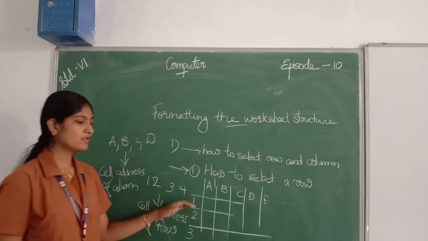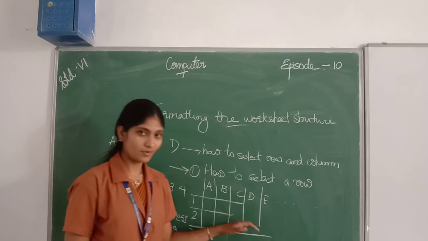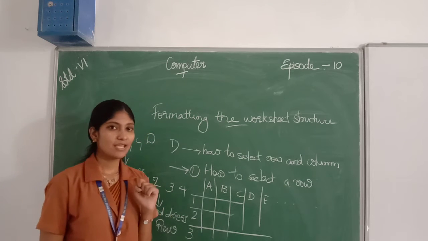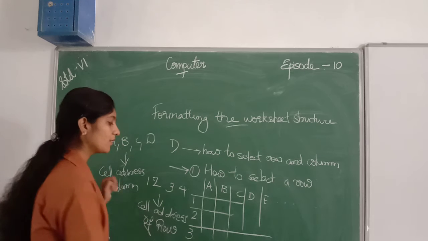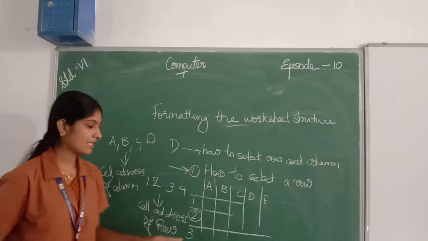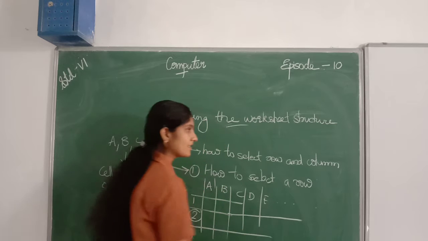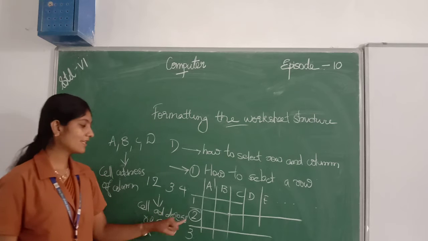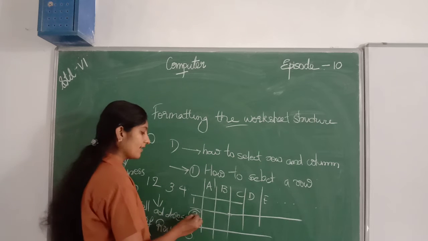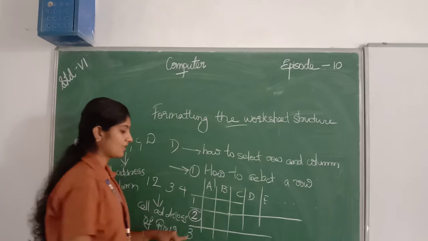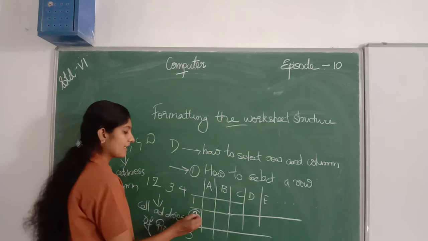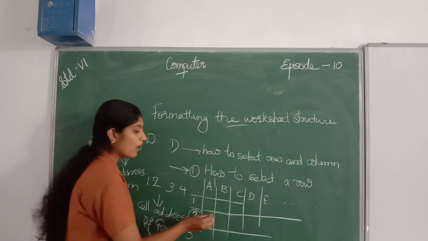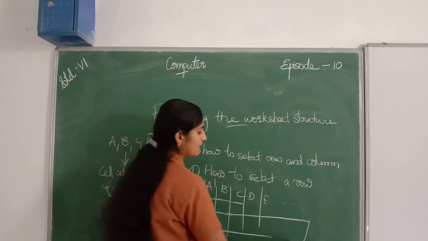Yes. So 1, 2, 3 are the cell addresses of row and A, B, C, D are the cell addresses of column. Then if you want to select a row, you can go to the cell address. If you want to select the second row, just go to the second row address. So where do we get the second row address? That is, click on the second row cell address. If you click the second row cell address, the whole row will be selected.